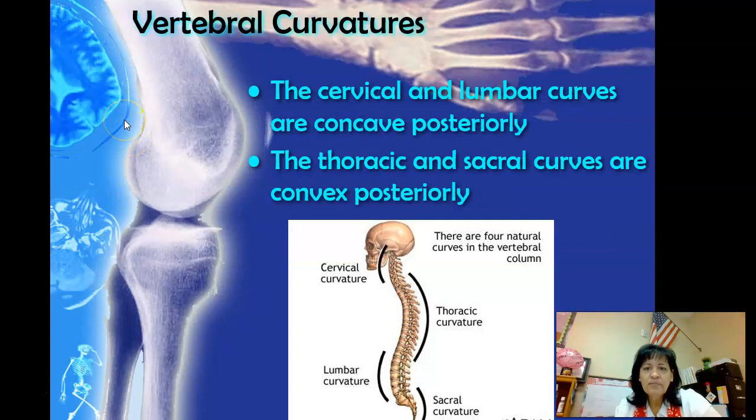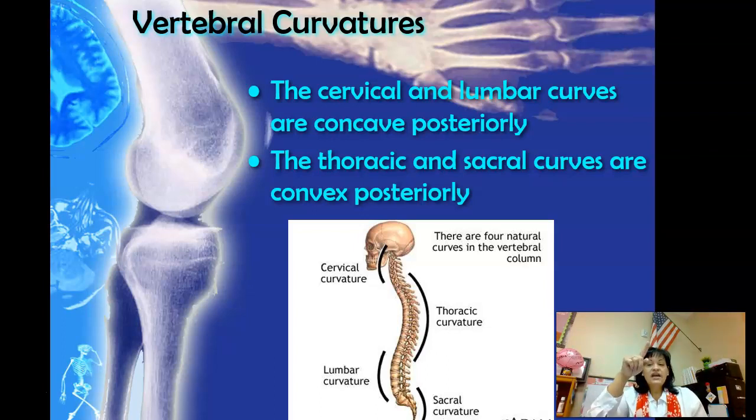The cervical and lumbar curves are concavely posterior. So concave, you think of a cave, right? And so if you stand up, the thoracic and the sacral will be bent like this, and the cervical and the lumbar are convex. They come back.